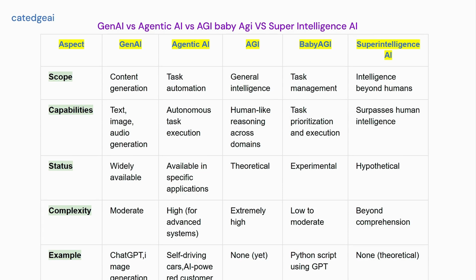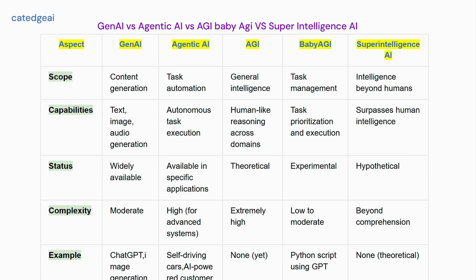This is available in specific applications also, a higher advanced application, for example self-driving and AI-powered customer centers. For example, if you want to run customer service with an AI agent, you use two or more AI agents, and you want them to work on autonomous tasks. You can call it agentic AI.